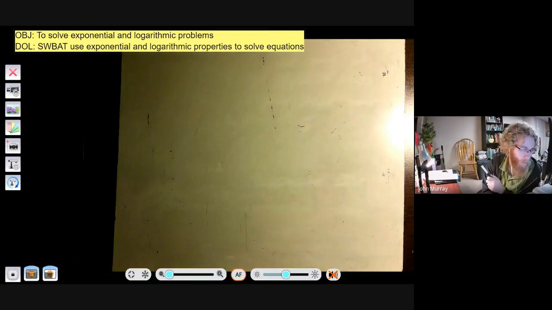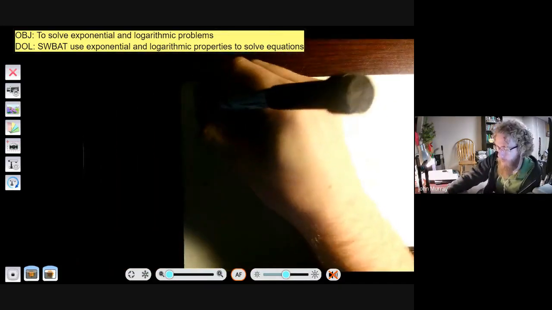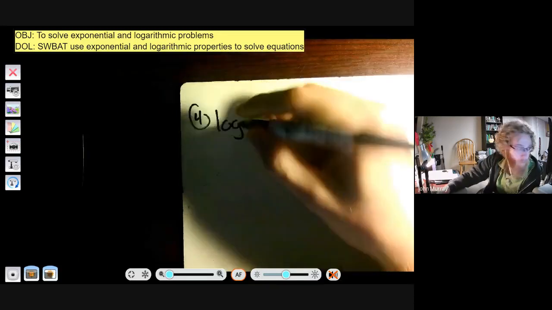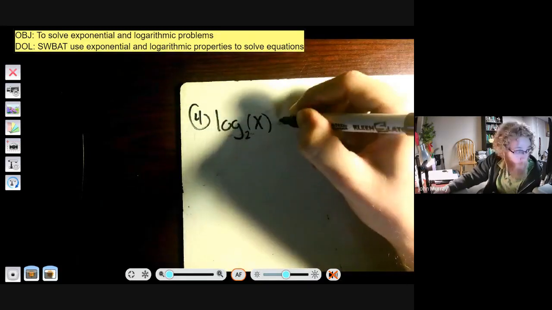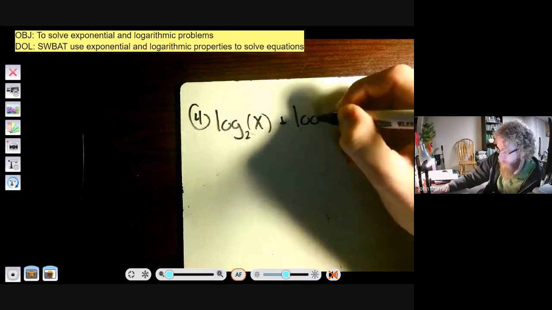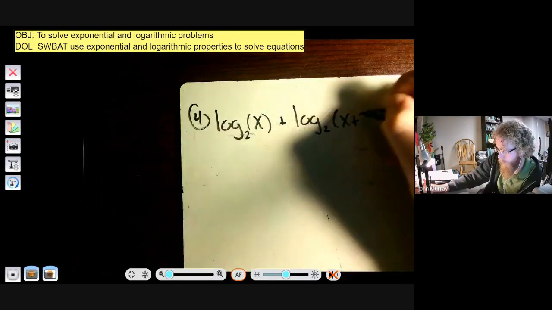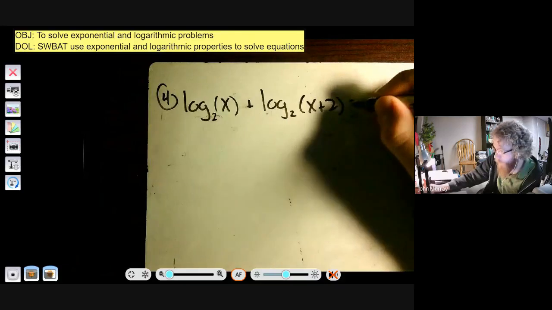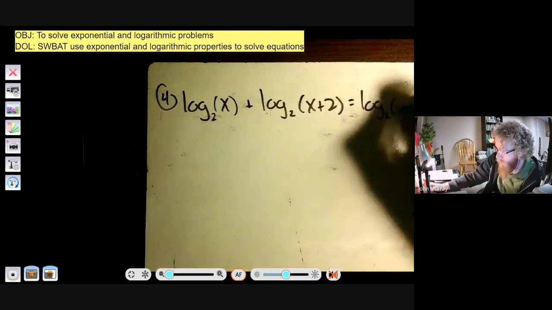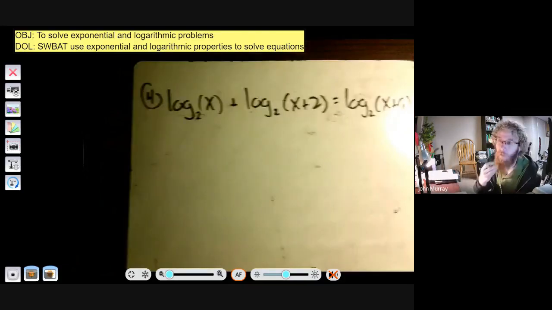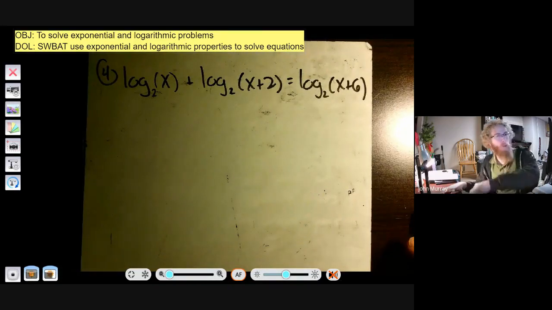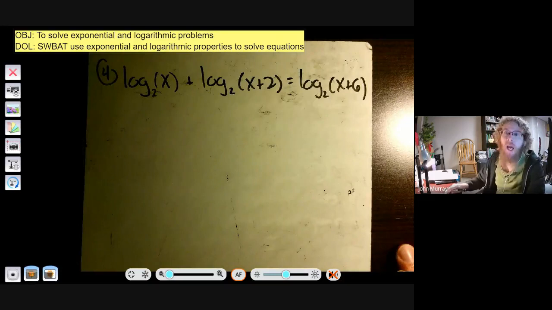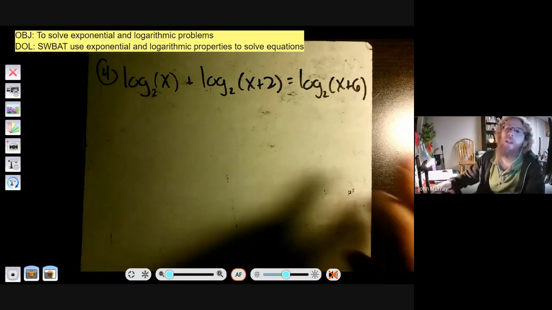All right, and our last one. Here we had multiple logs. So remember, when we have multiple logarithms, we want to try to combine before we can do anything.